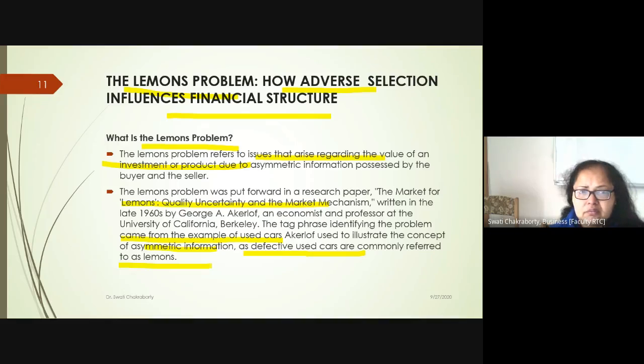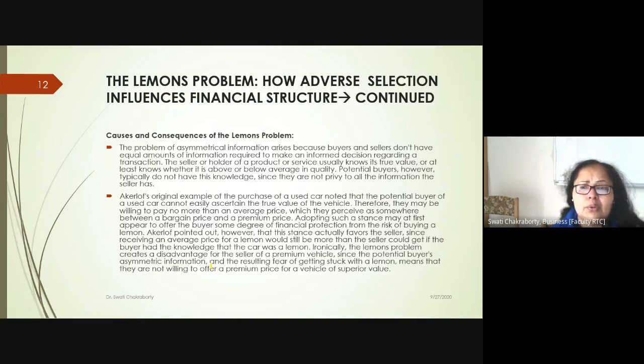That's why it's the lemons problem. Why does asymmetric information occur? Because buyers and sellers do not have equal amounts of the information required to make a proper decision regarding any transaction.